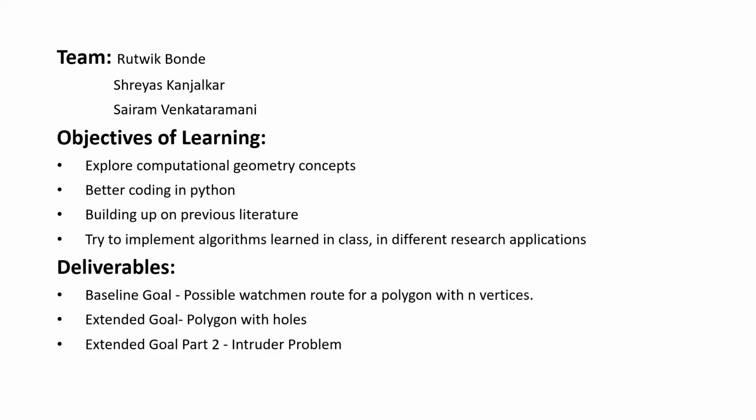And our third goal is to solve the Watchman route problem in the presence of an intruder, and to track the intruder, and also to determine the optimal number of guards while keeping the computational time and the time taken to traverse the path minimum. So here the workload has to be managed between the guards to track the intruder, as well as to track the path, as well as to monitor all the vertices.